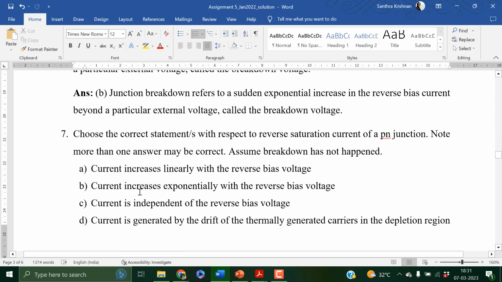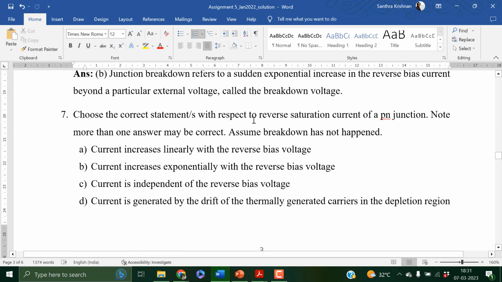Next is choose the correct statements with respect to the reverse saturation current of a PN junction.